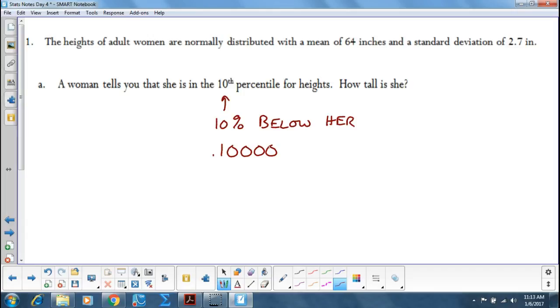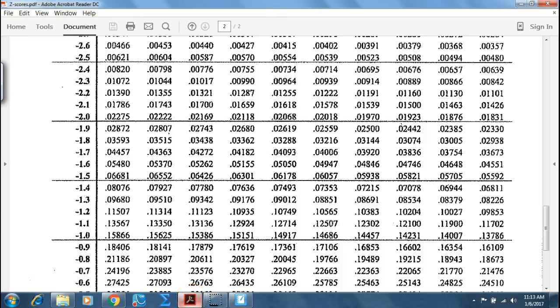Okay? So we have to go to our z-score chart, and we have to look for the decimal that's closest to 0.1000. Okay? So I'm looking on the negative side for sure, because the positive sides are all above 0.5.